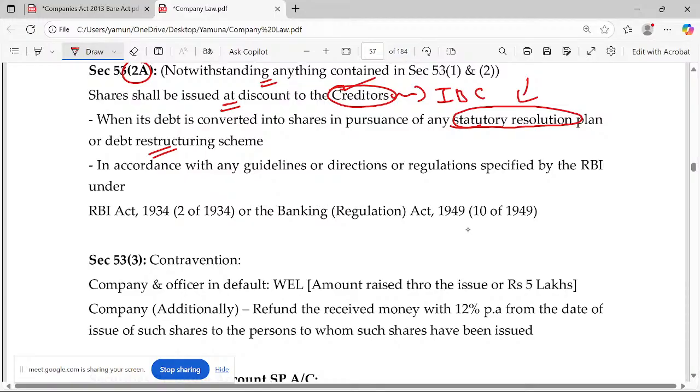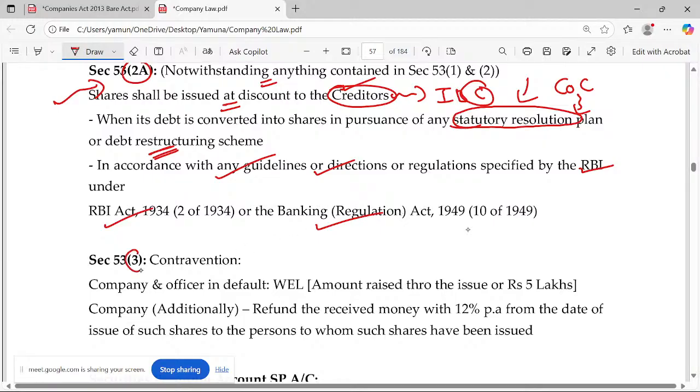Insolvency and Bankruptcy Code. Under this IBC, a committee of creditors, in short COC, will be formed and they will design a plan called a resolution plan, or a debt restructuring scheme will be done. So this follows from section 53, subsection 2A. This will be done in accordance with any guidelines or directions specified by the RBI under this Act or banking regulation. Is it okay? Fine.